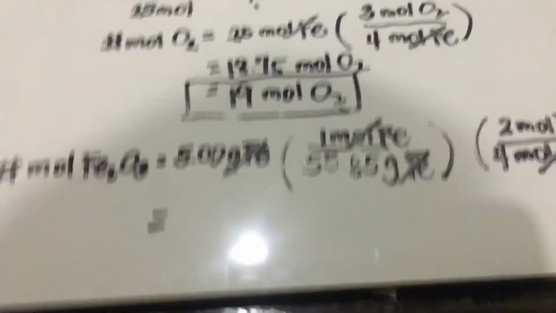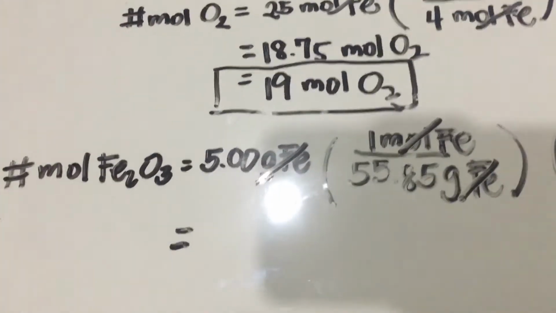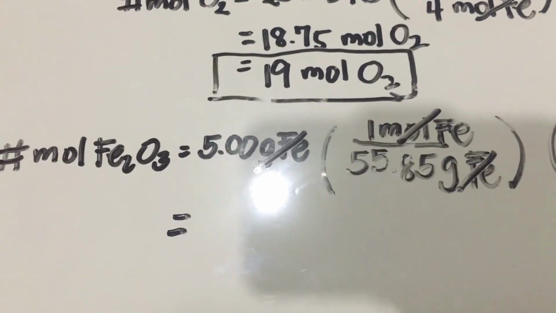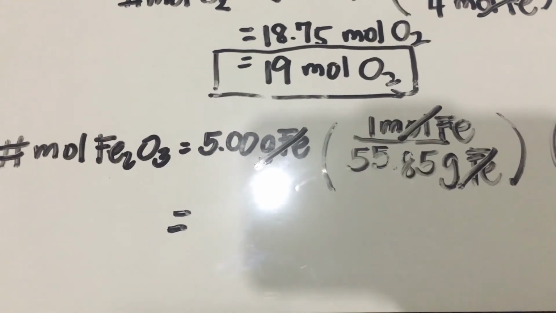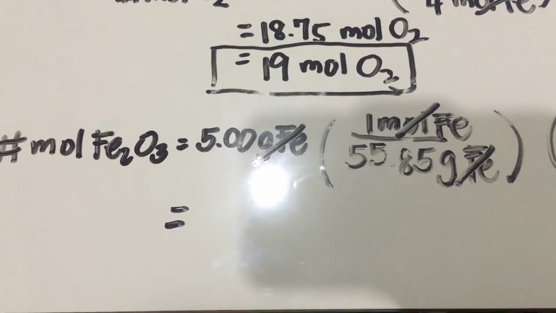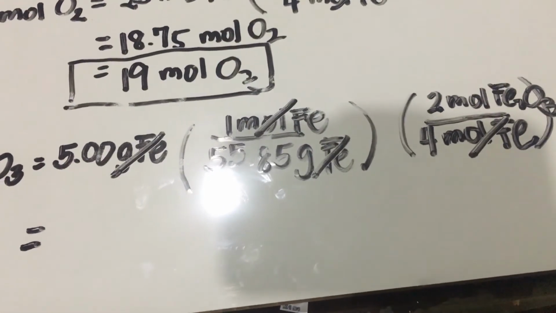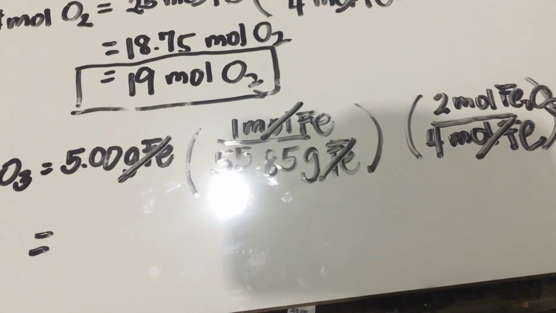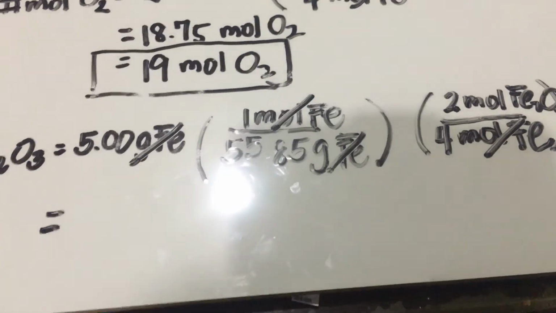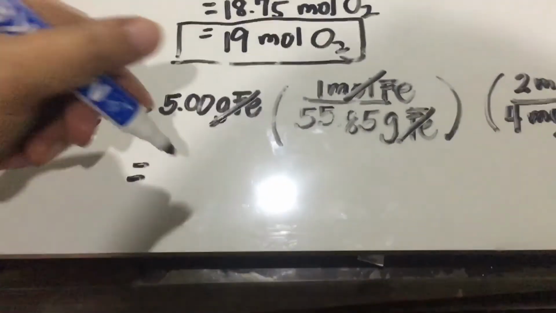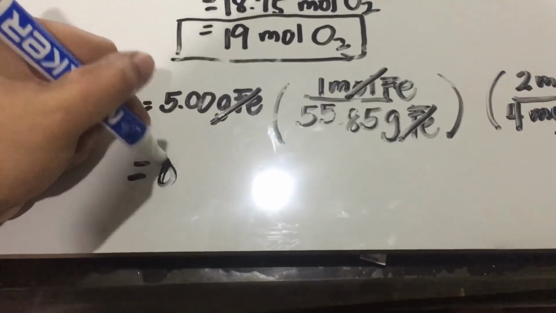Alright, so again, that is 5 divided by 55.85 times 2 divided by 4.